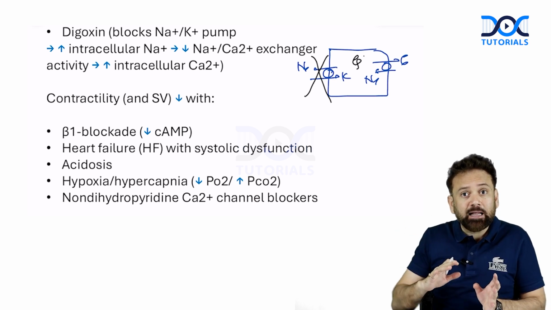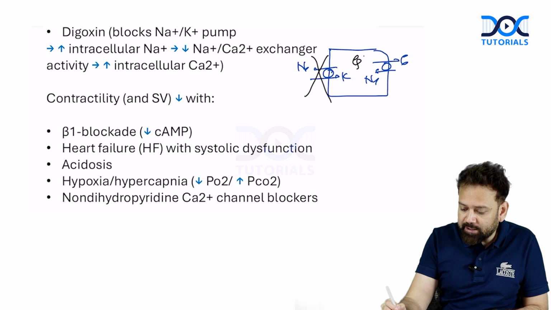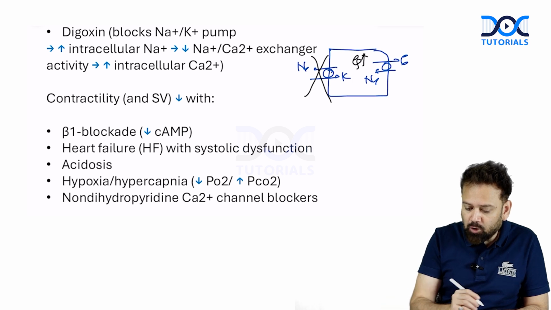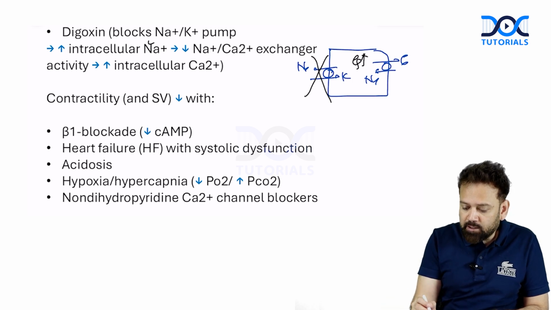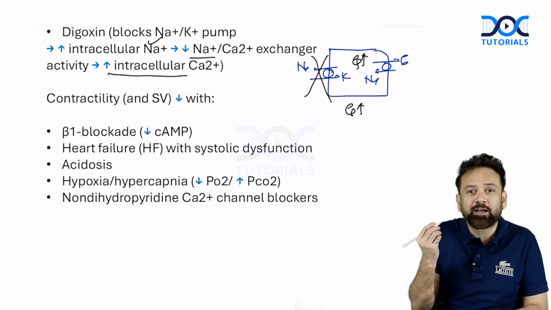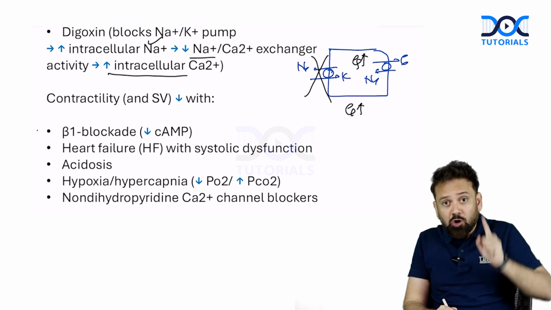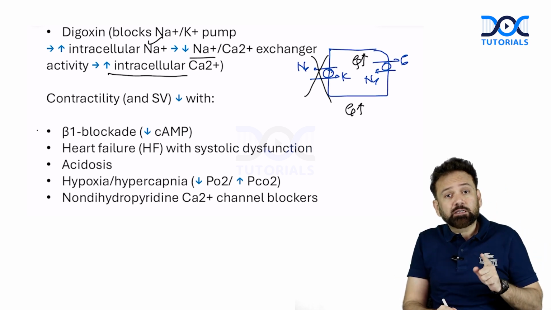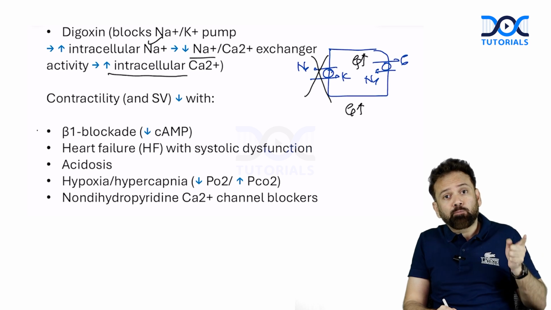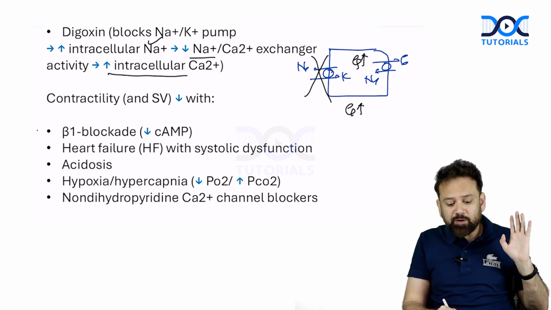So now calcium will not go out, so intracellular calcium will increase. Because of the intracellular increase in sodium and decrease in exchanger activity, intracellular calcium increases, and this calcium will cause increased contractility. I hope all these concepts are clear. So we have discussed how digoxin is increasing contractility, and how catecholamines, by causing positive chronotropy and positive lusitropy, are increasing contractility.